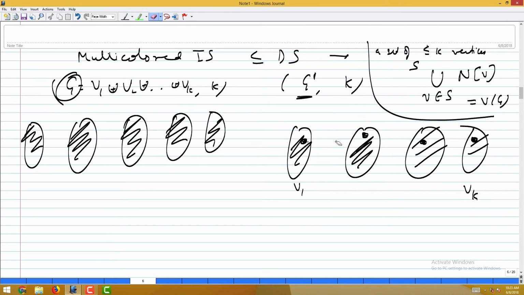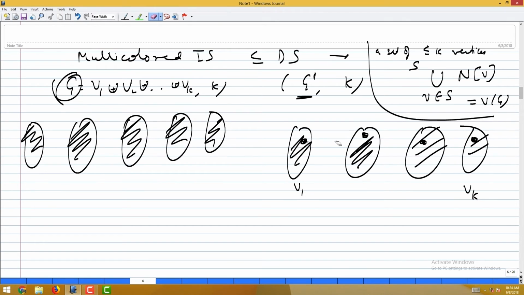So you can play with the budget also, like you're looking for a k size independent set. For example, if a dominating set doesn't pick anything from here, then it has to spend, say, two more things, or it has to spend more budget to cover some things, some sort of a thing.